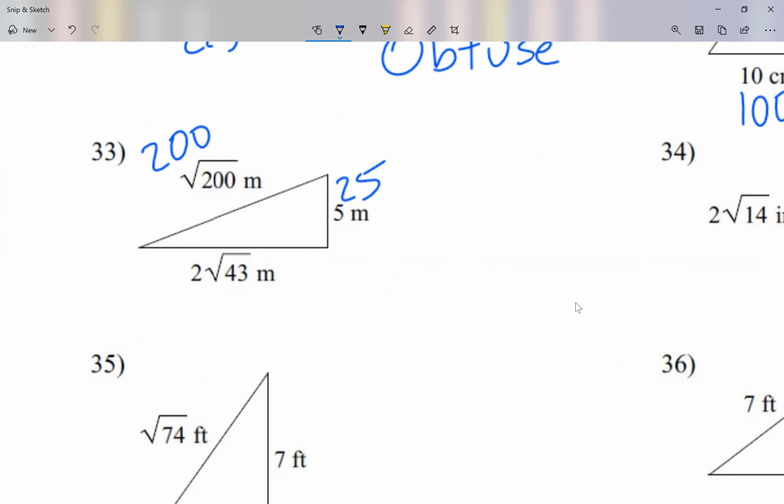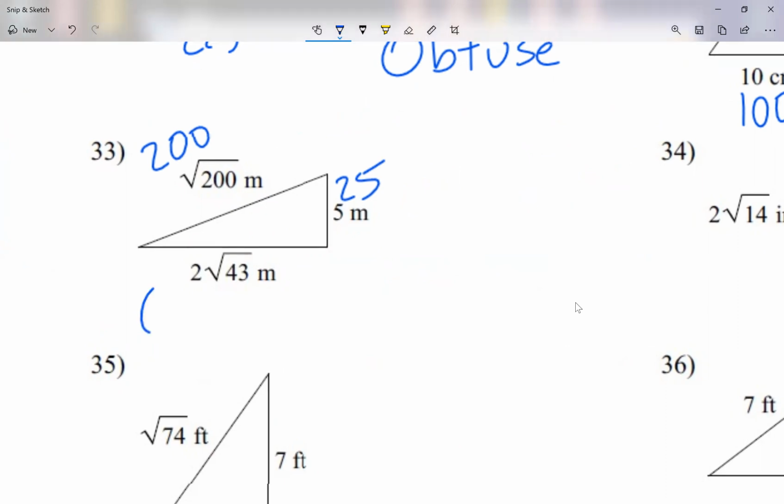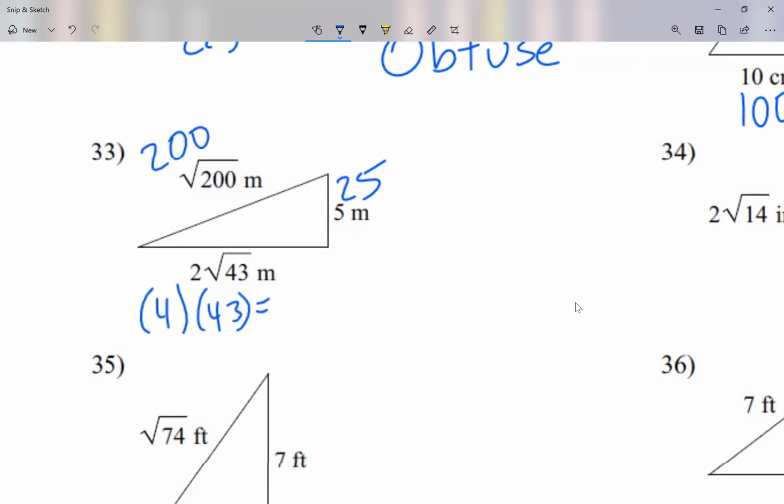If I only had the 2, 2 squared is 4, right? Because multiply by itself. If I only had the radical 43 squared, it is 43. Because I have both, let me multiply this. So I get 172. The biggest side is 200, so my c squared is 200.